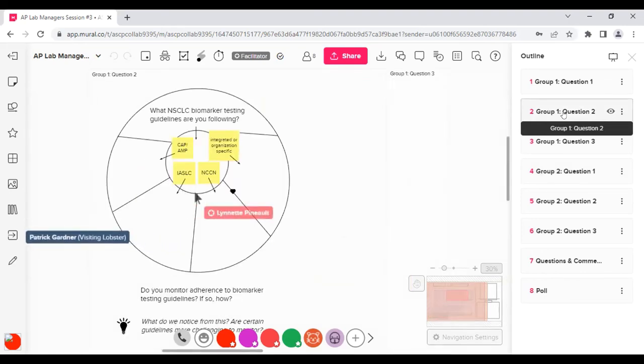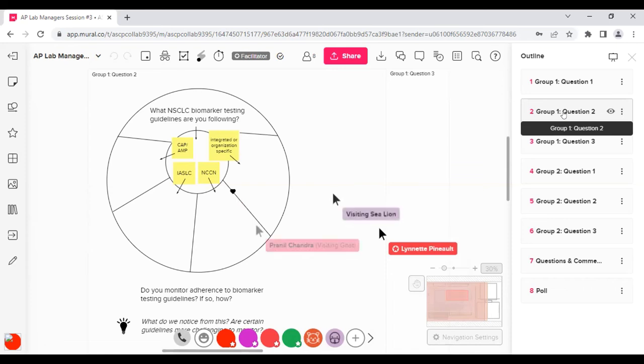They're starting to discuss the NSCLC biomarker testing guidelines that they're following.